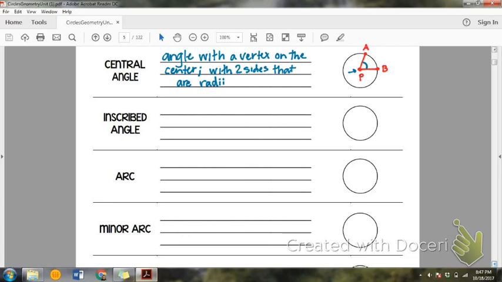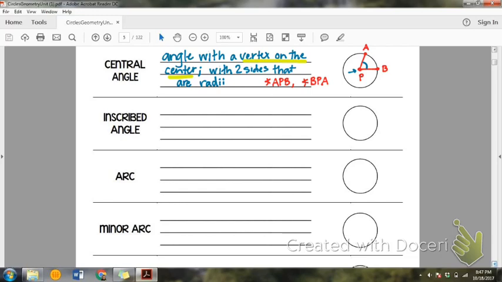So we could say that this is angle APB. We could also say that this is angle BPA. The important thing to note here is that the vertex is on the center.